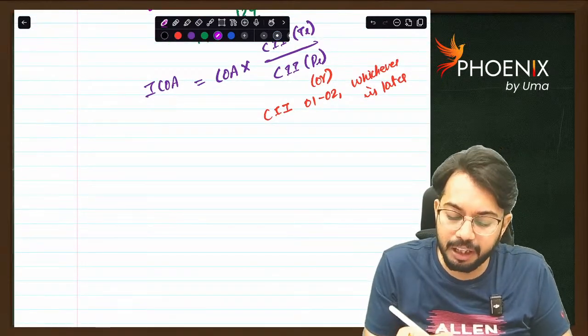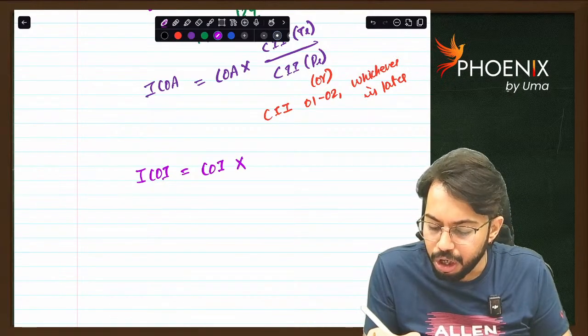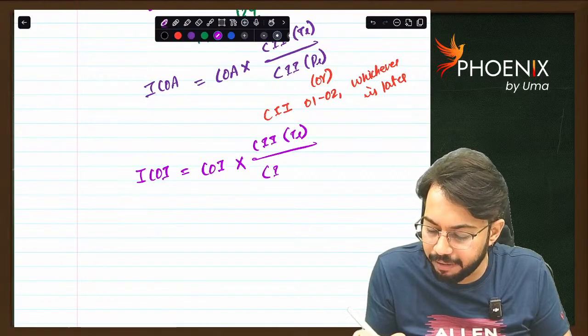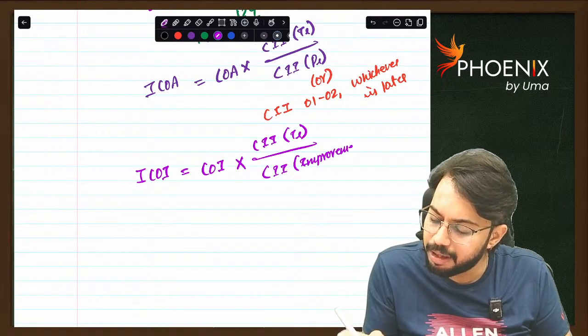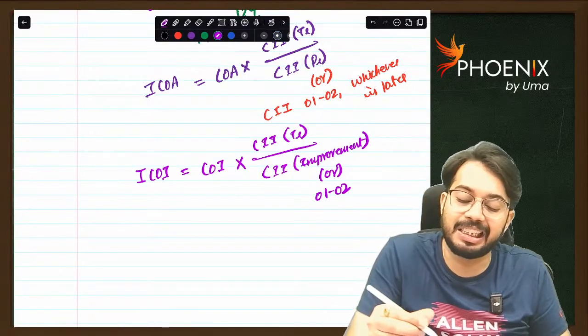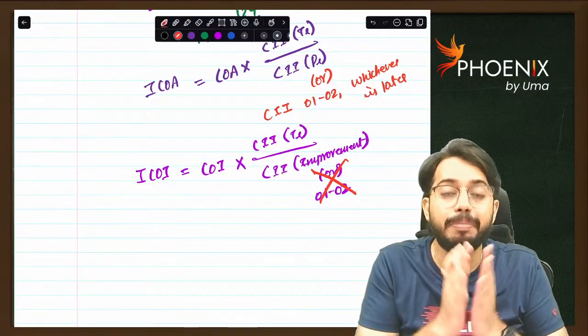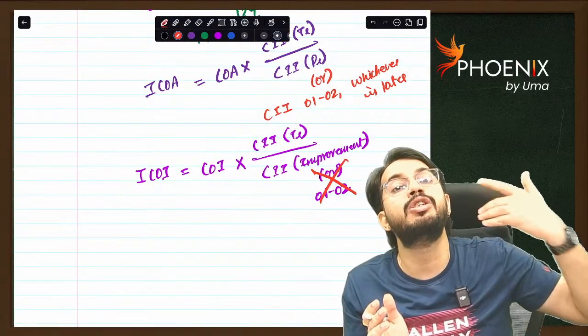Same is the case with indexed cost of improvement. Indexed cost of improvement is equal to cost of improvement into cost inflation index in the year of transfer divided by cost inflation index in the year of improvement. Sir, or 2001 too, don't take that. I already told you, for cost of improvement, if any improvement is made before 2001, it needs to be ignored.